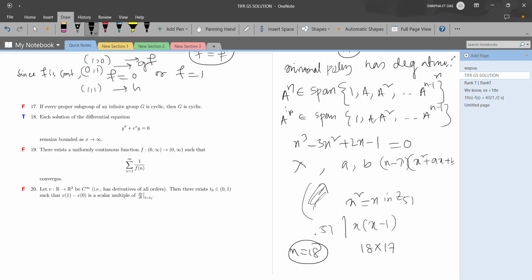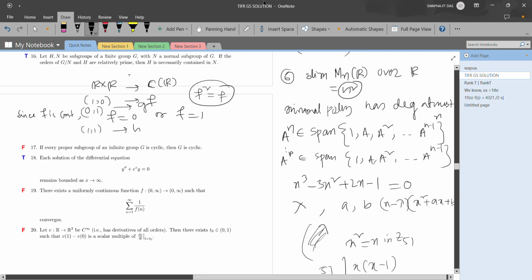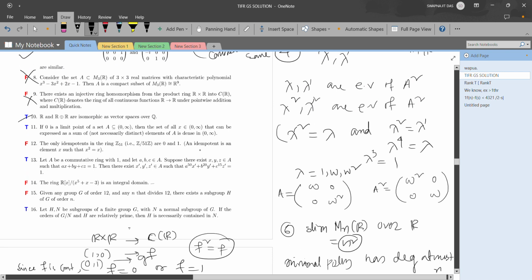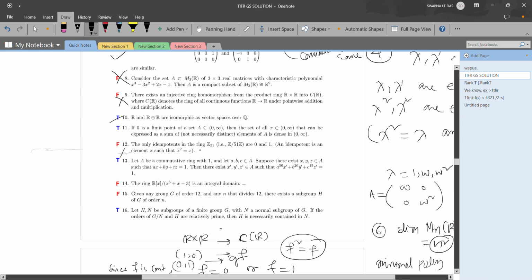So let's take x to be 18. Then 51 must divide 18 times 17. Right. That means 18 is also an idempotent element in Z51. So that means this is false.